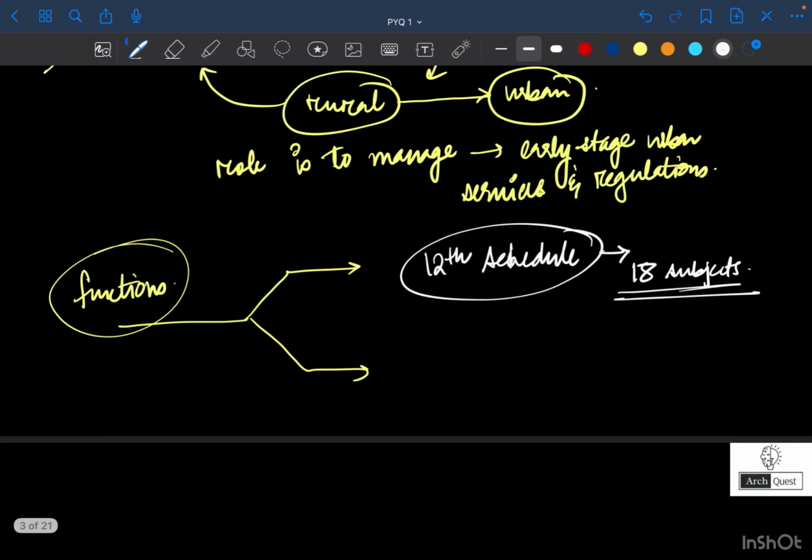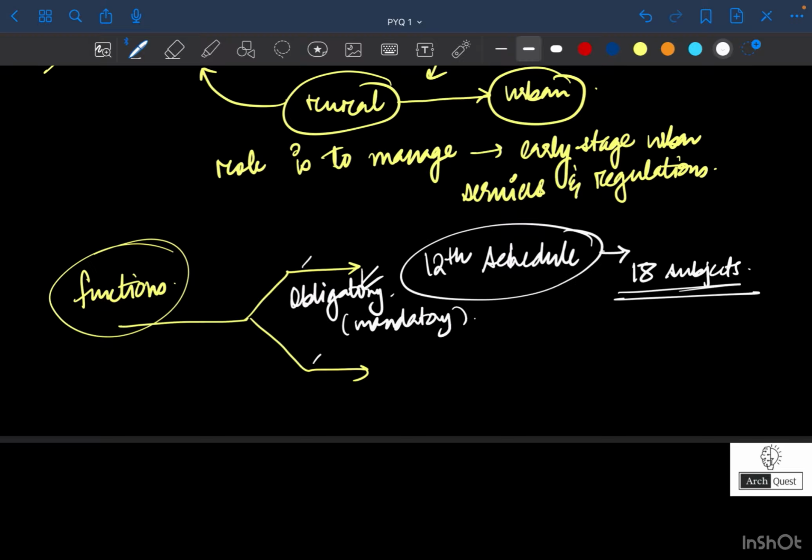These functions are divided in two parts. One is obligatory or mandatory.